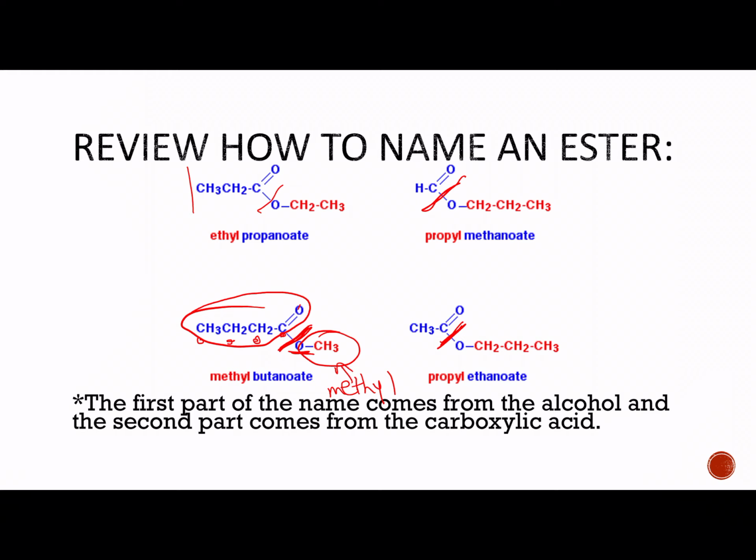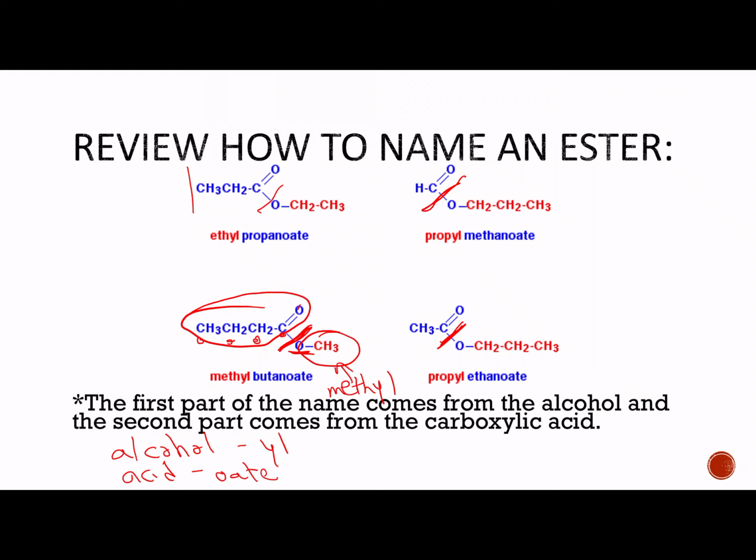There's actually a little trick here. The first part of the name, the yl part, comes from the alcohol. Your original alcohol becomes the yl, and your carboxylic acid becomes the oate. So if you can quickly identify your alcohol and your acid in a multiple choice question, you could come up with your answer really quickly.